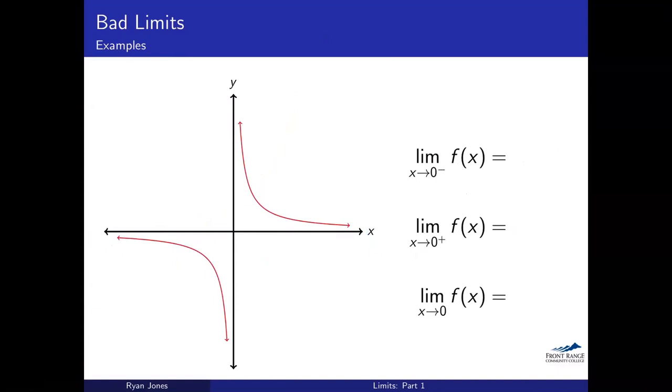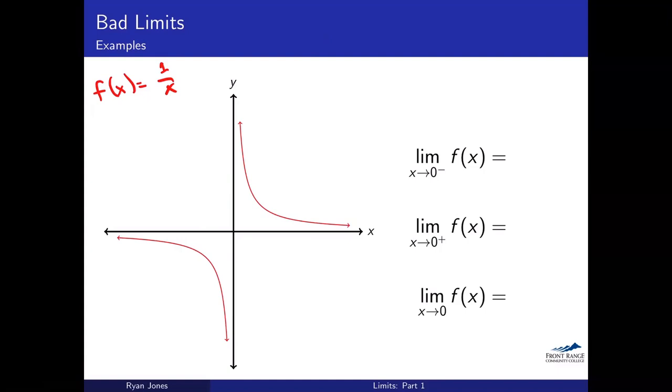So here we're looking at the function 1 over x. Hopefully you can tell that just by looking at it. And we're going to look at a handful of limits, 3 of them. And these are some left and right-sided limits. So let's look at the limit from the left side first.